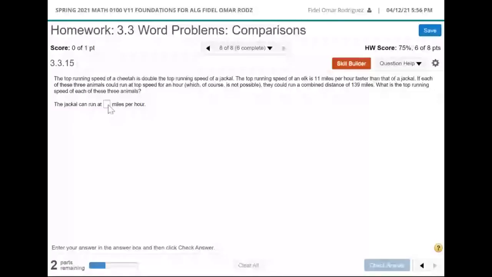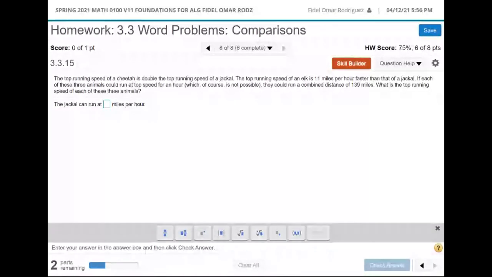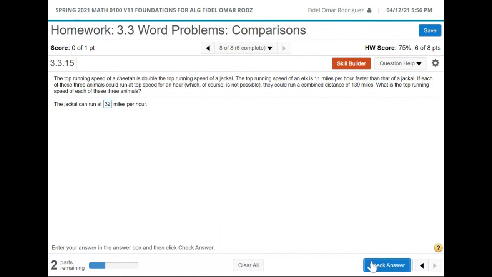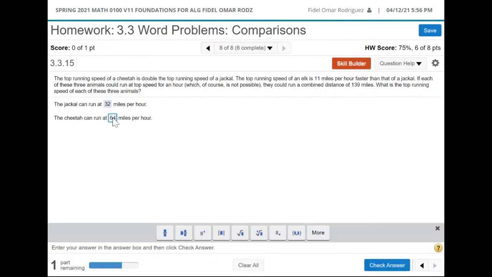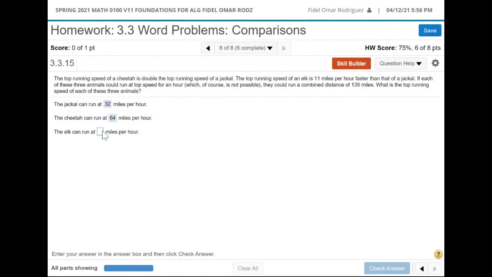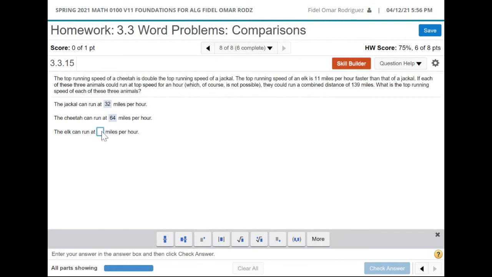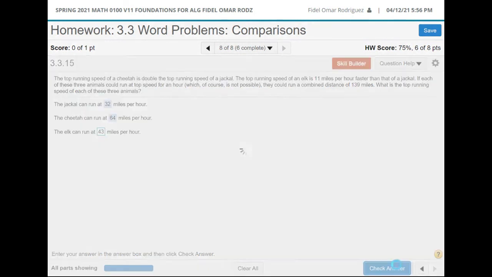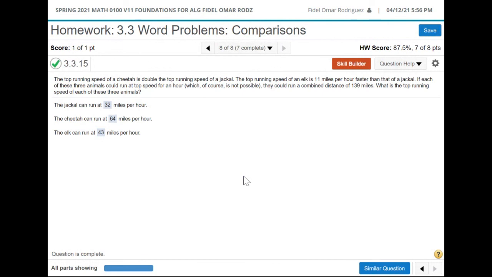And let's see, let's come back here. And let's get the homework problem. Okay. So I want to say that we said the jackal was 32. Okay, so right here, I'm going to type in 32. There we go. The cheetah we said was 64. There we go. And the elk we said was something like 43. And there we go. Okay.